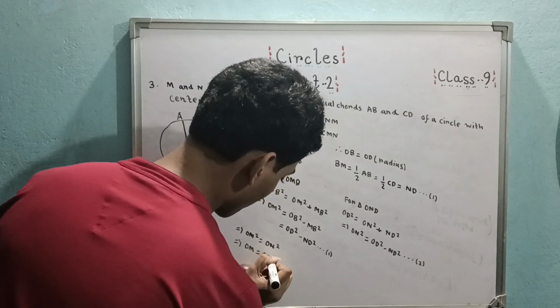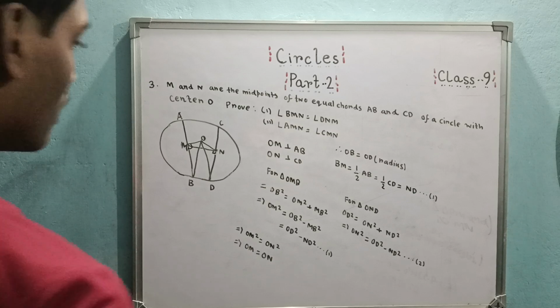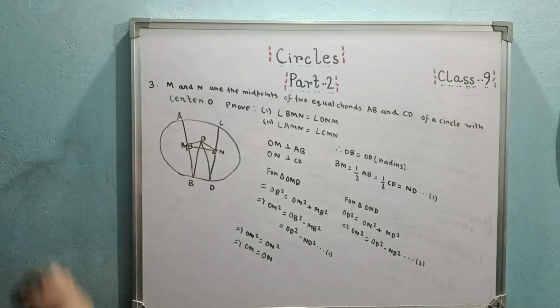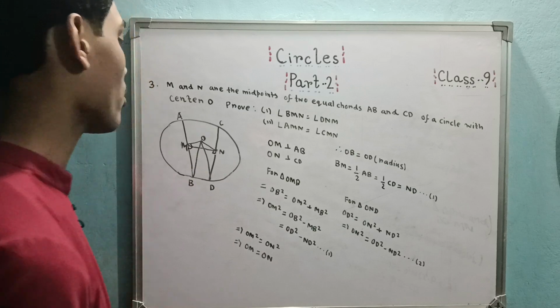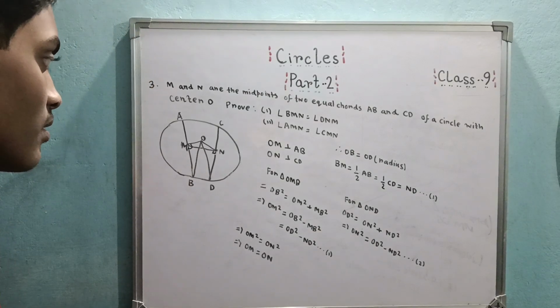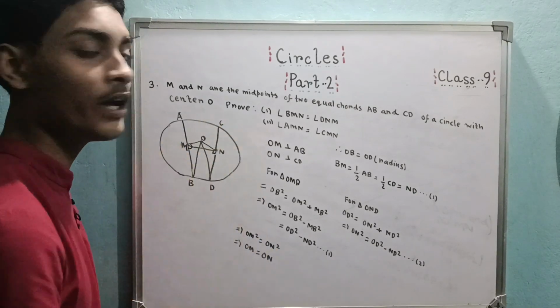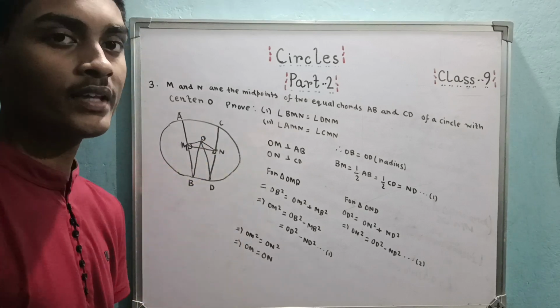Now you'll be telling, what is the purpose of wasting so much time to prove that OM equal to ON? Well, you'll soon find out. So we have a property. If OM is equal to ON, then the respective angles are also equal. You didn't understand that? OM is equal to ON, then their angles OMN and ONM, they are also equal.